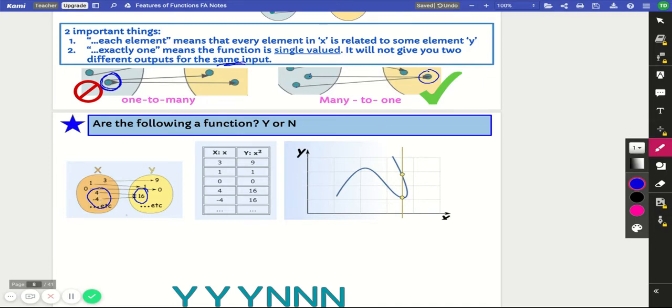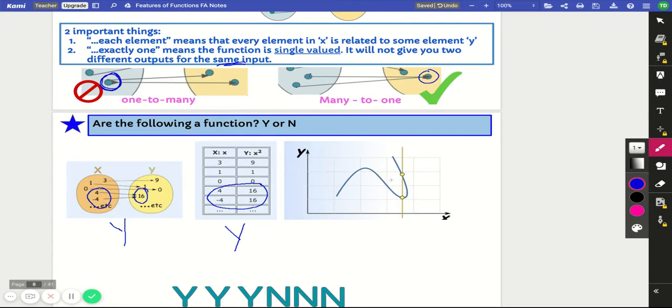So that can be possible, and that means it is a function. We have 3 to 9, 1 to 1, 0 to 0, 4 to 16, -4 to 16. They still have one output, so that is a function.